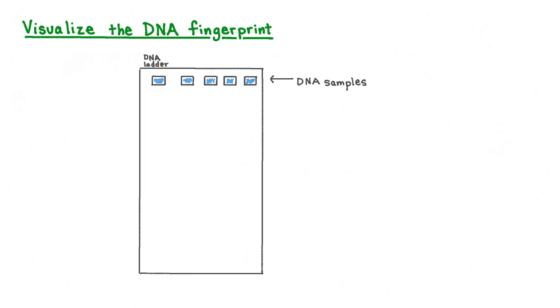These samples will include, first, a DNA ladder, or a standardized solution of DNA fragments, that will make it easier to interpret the other samples by comparison. We will also need to include a sample from our crime scene to compare against our various suspects. And finally, we need to include samples from each of our suspects. In this case, we've included 3 suspects, or suspects 1, 2, and 3.